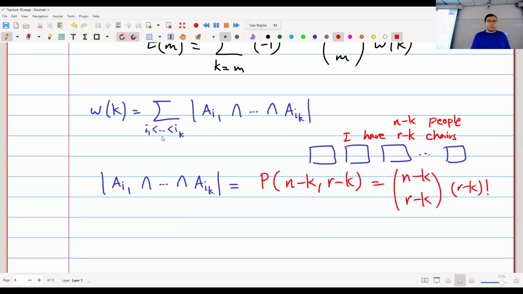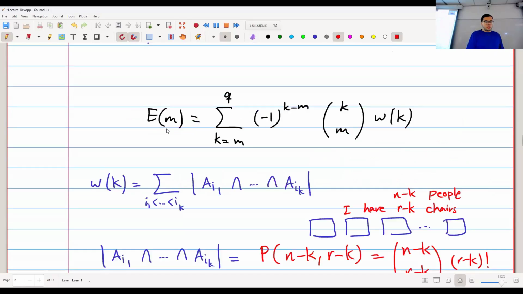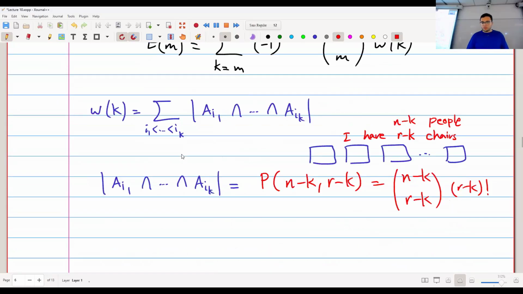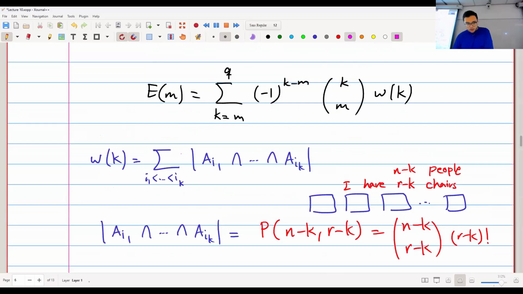So how many combinations of i1 to ik can I have? I have r sets. I want to choose k of them, so it's just r choose k. So this whole thing is equal to r choose k times P of n minus k, r minus k.